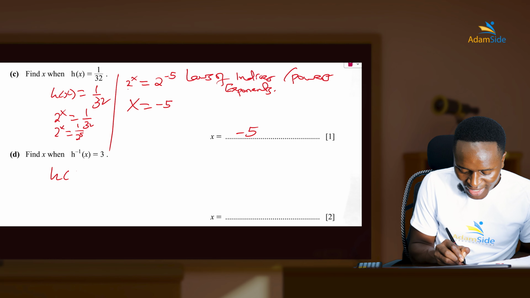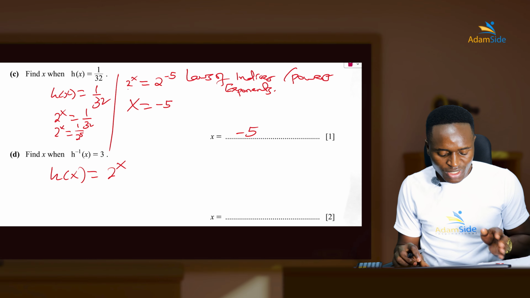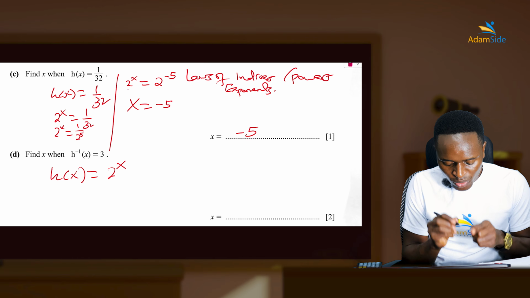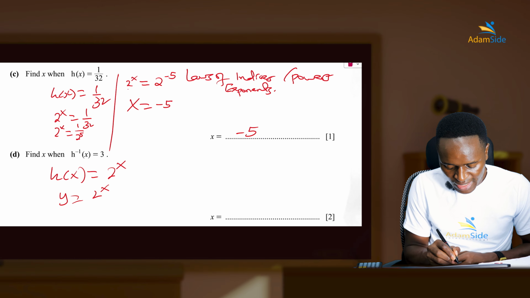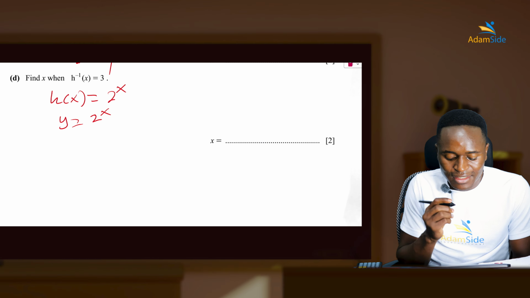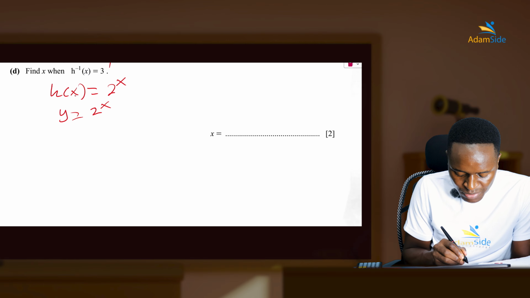We know h of x is equal to 2 power x. To find an inverse, we know h of x is the same as the values of range. So y is equal to 2 power x. To find an inverse function, you can swap the variables. When I swap the variables, it becomes x is equal to 2 power y.